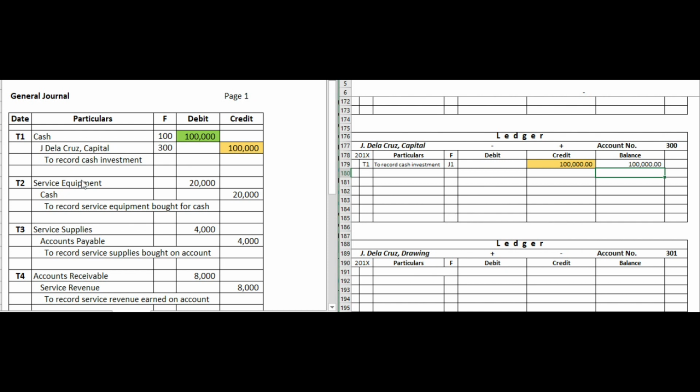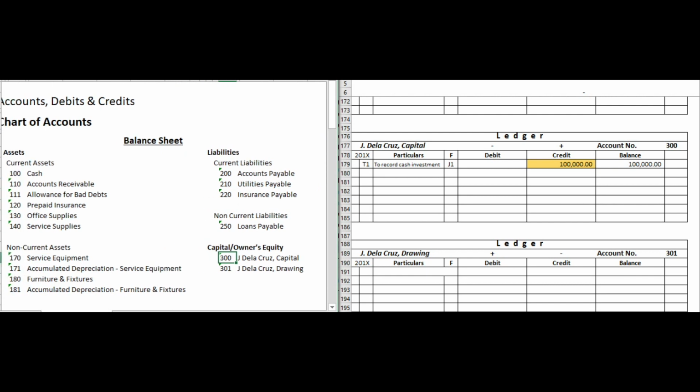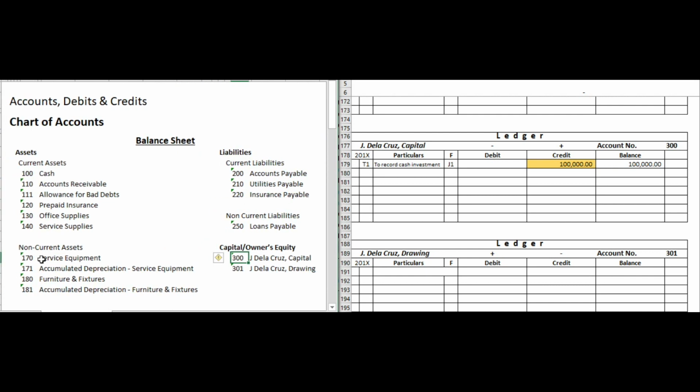Okay. Next. Transaction 2, service equipment. Punta tayo sa service equipment. Kung nahirapan kayo, balik kayo sa chart of account. Service equipment, nandun siya, 170. Nasa taas.